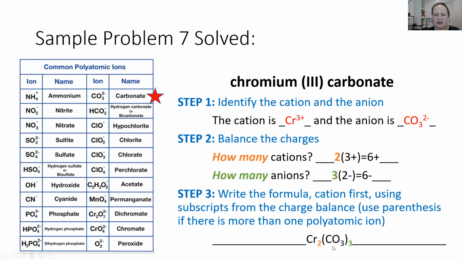And since there's 3 of a polyatomic ion, we have to use parentheses around the CO3, and then write a 3 outside to denote that there were 3 of those ions needed. So remember, the subscripts really tell us what the charge is on the other.